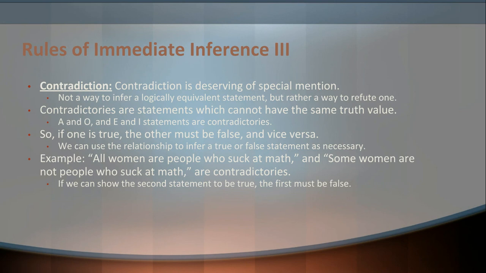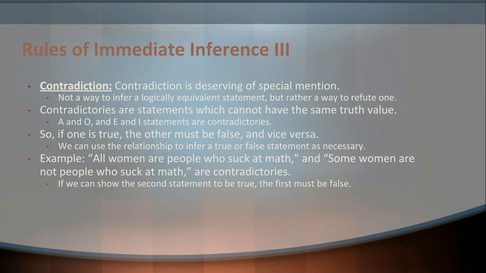If there is at least one woman somewhere who does not suck at math, who, thank God, exists, then it's false that all women are people that suck at math. If we can show that one of those two statements is true, the other one must be false. So in order to disprove the first statement, all we have to do is establish the truth of the other.